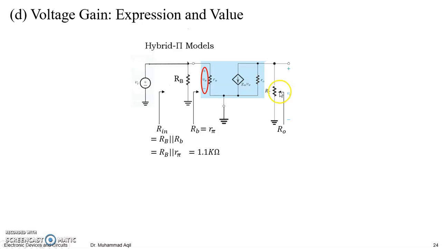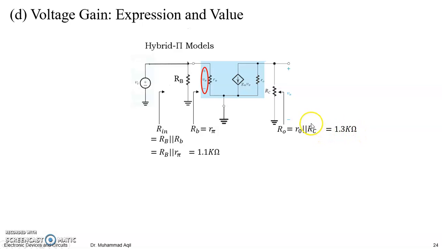So basically you have an output resistance for this current source, to be used as an output port. For your stage, you have your output here, so whatever resistance is seen at this terminal is the output resistance of your stage. This is the parallel combination of these two, R0 parallel to RC, and we can find its value as well, 1.3 kilo ohm.